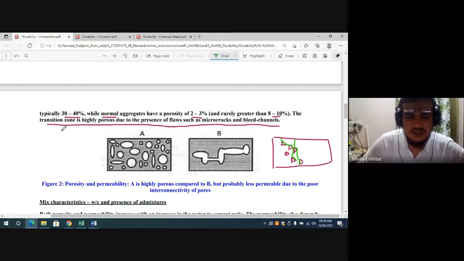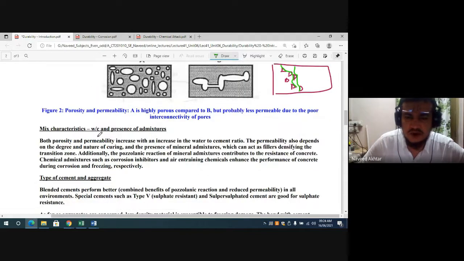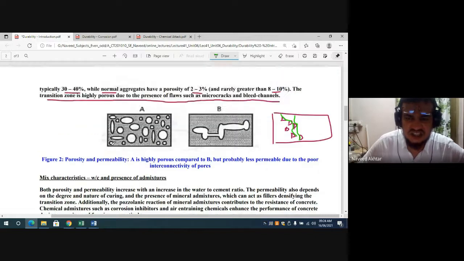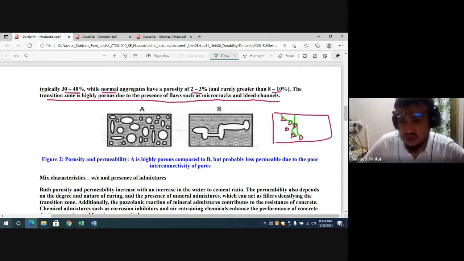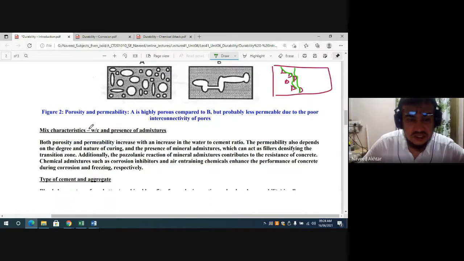So that is called the transition zone, and it is highly porous because the water comes up to the surface through these channels, and that weakens the bonding between the aggregate and the paste, and that will affect the strength and durability characteristics of concrete. That's why the interfacial transition zone between the aggregate and the paste should be good.